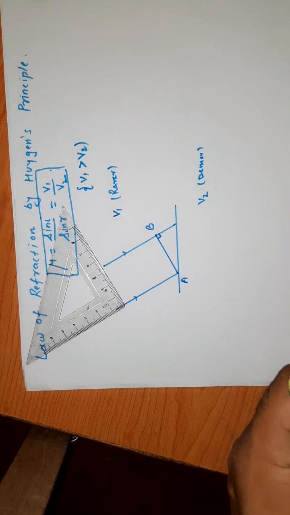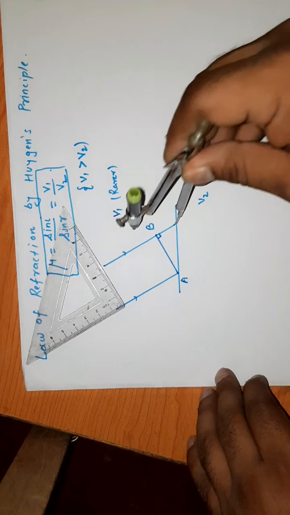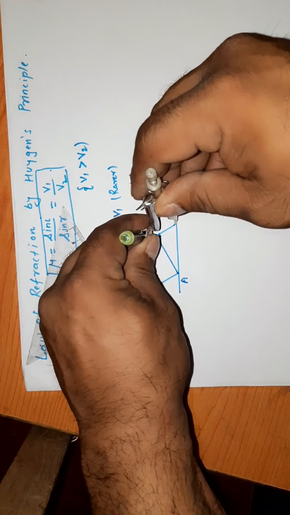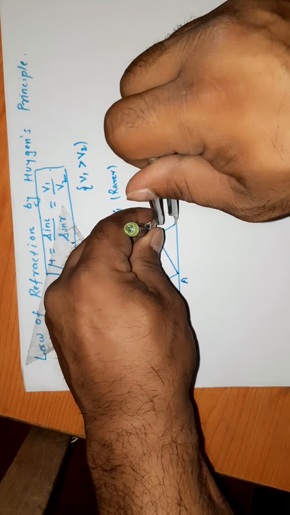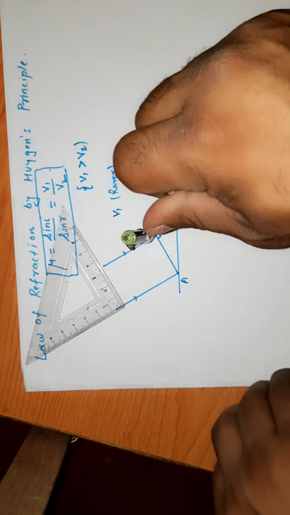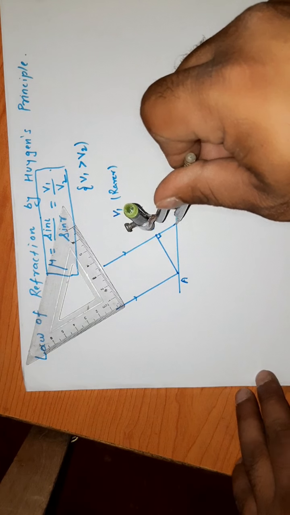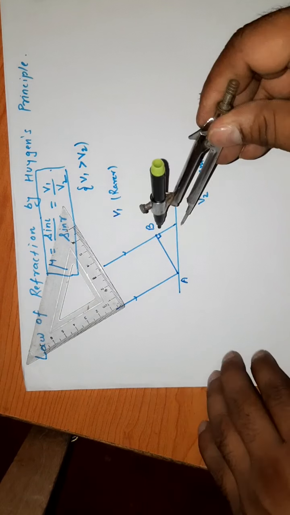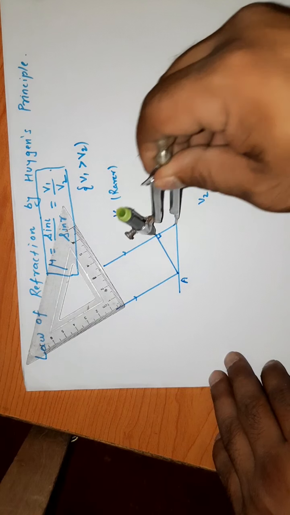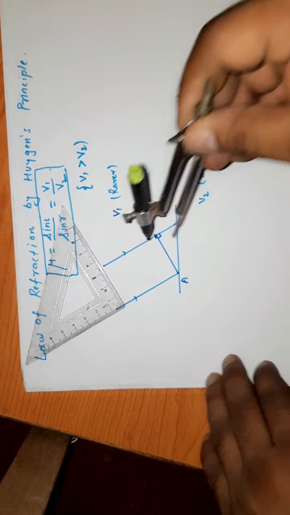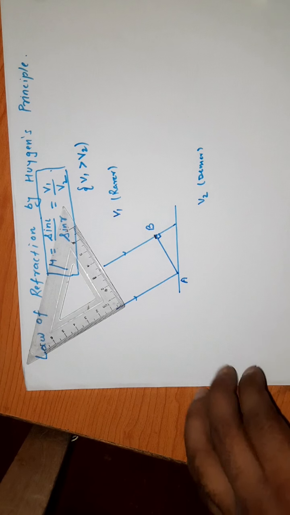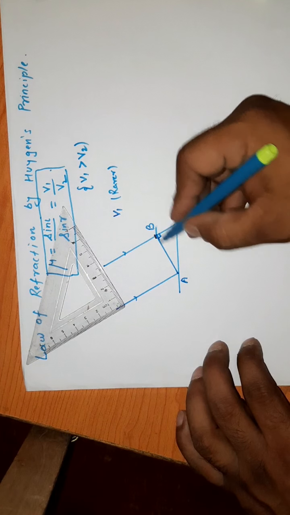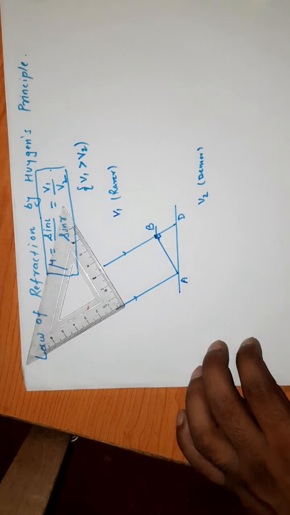So we will take this arc, and we will consider this much of the arc length. This is any point D.